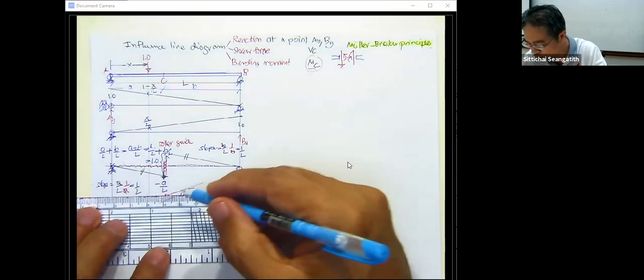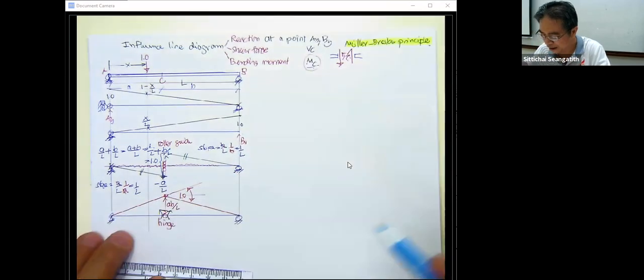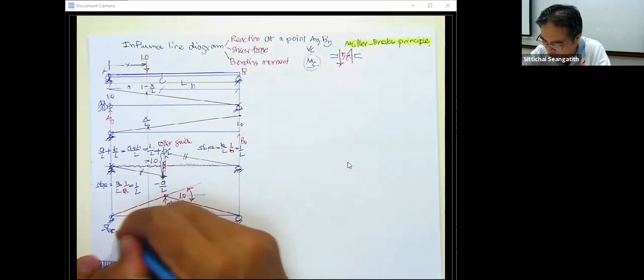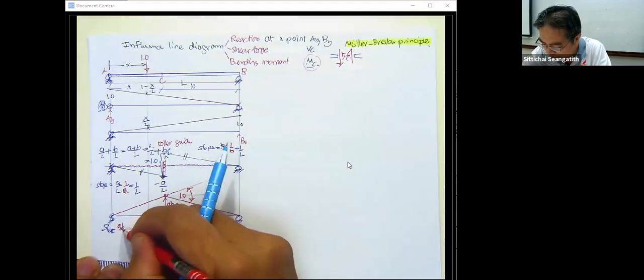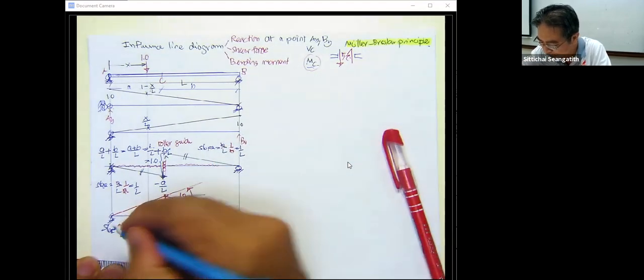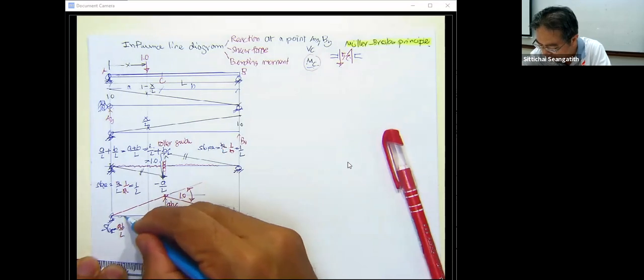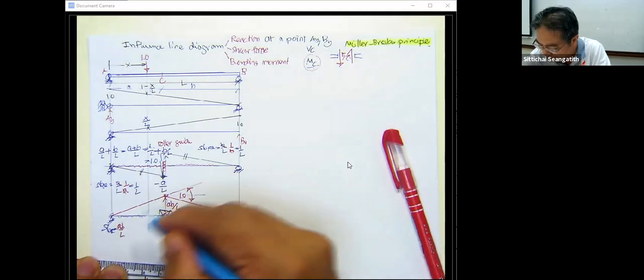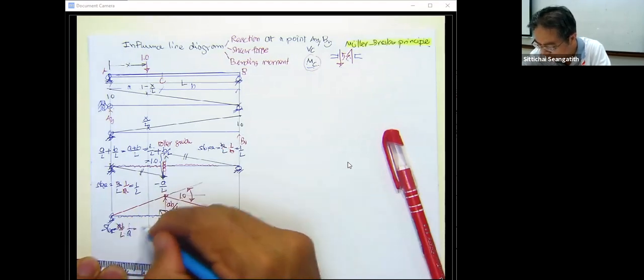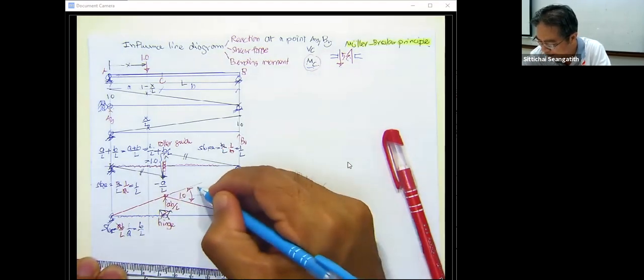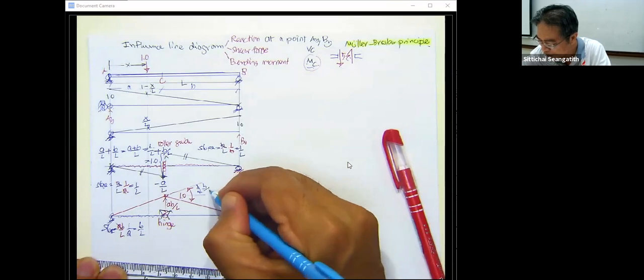If you do not believe it, you can find the slope here: AB over L divided by A, so the slope on this side is going to be B over L.